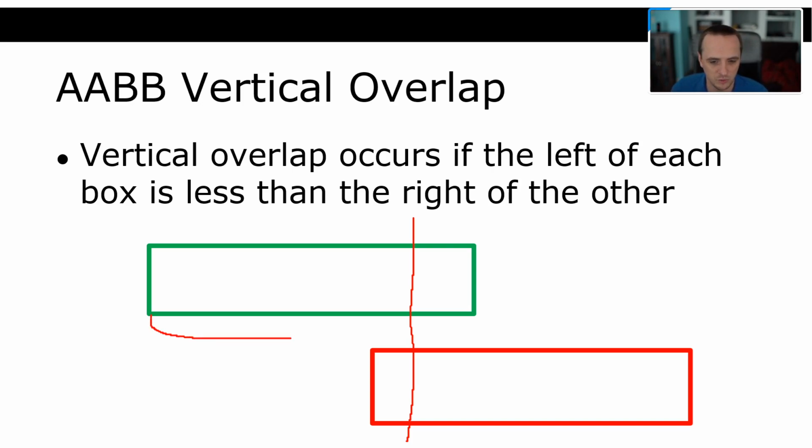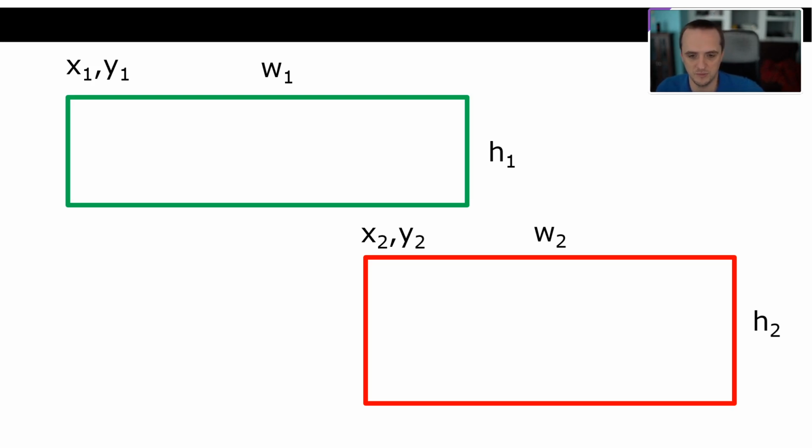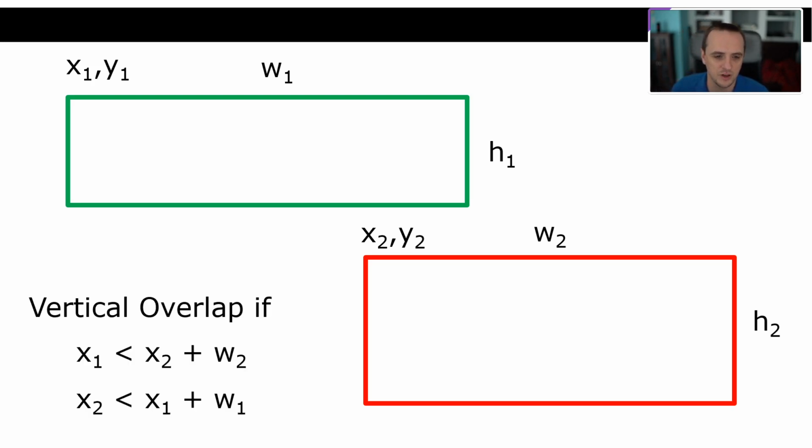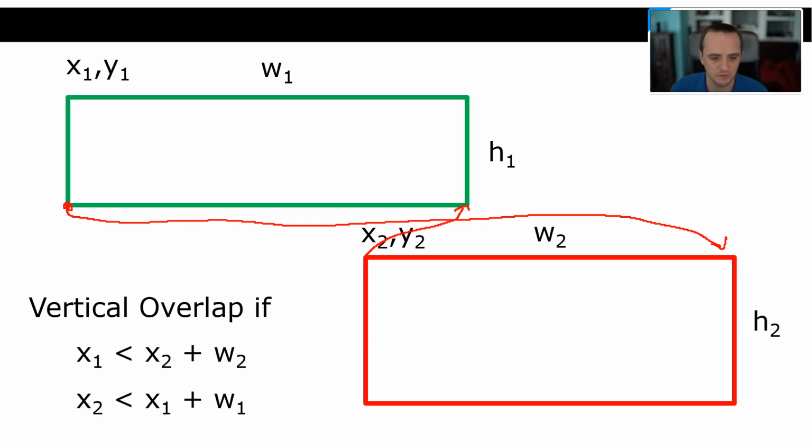The left side of this one is less than the right side of this one, and the left side of this one is less than the right side of this one. Okay, so the same thing we had last time, except now, if x1, which is right here, is less than x2 plus w2, and if x2 is less than x1 plus w1, there you go, right? So that's how we detect vertical overlap.